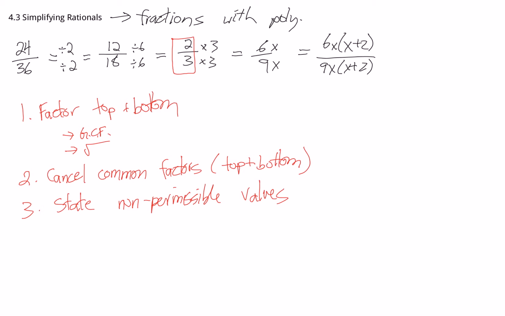Once you're done factoring, you'll cancel any of the common factors on the top and the bottom. If you have anything on the top and bottom that's the same, you'll cancel those out. And then the last step is to state non-permissible values. For every question that we do, we always have to do non-permissible values.